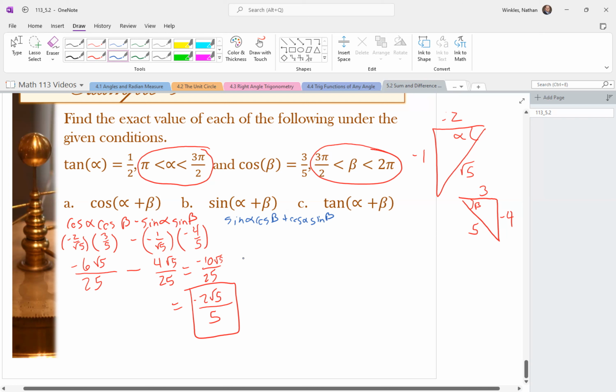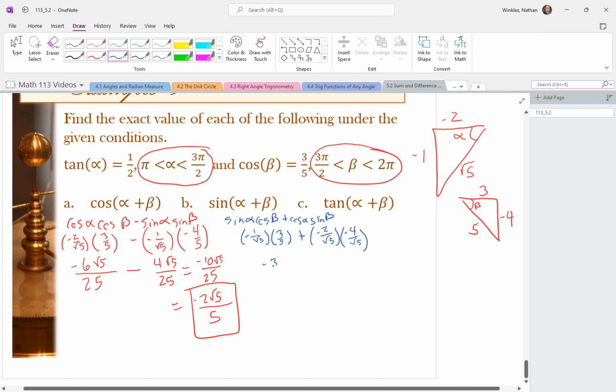So sine of alpha is going to be negative 1 over root 5. Cosine beta is 3 over 5. Cosine alpha is negative 2 over root 5. Sine of beta is going to be negative 4 over root 5.